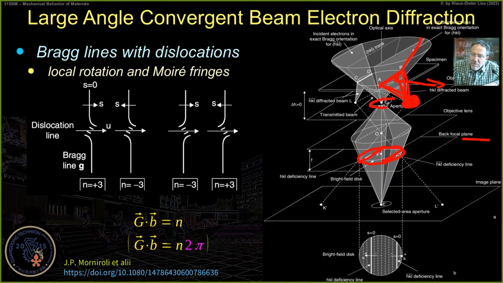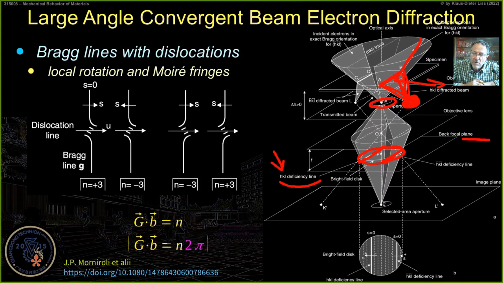But there I have a hole, I have an aperture, so that I only look at intensity which goes through that hole. So the Bragg scattered intensity is missing. And that gives a deficiency line for that one scattering vector G or lattice plane family HKL.